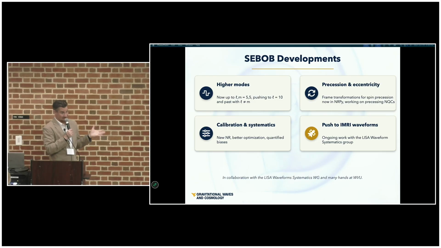And LISA could potentially see these very high index higher harmonics, and so we're trying to push this even further. Precession and eccentricity, again, Suchindram has the frame transformations already in NURBI. We don't have the NQCs, that's the missing piece, and so that's an element that we need to work on, but we're actively on it.